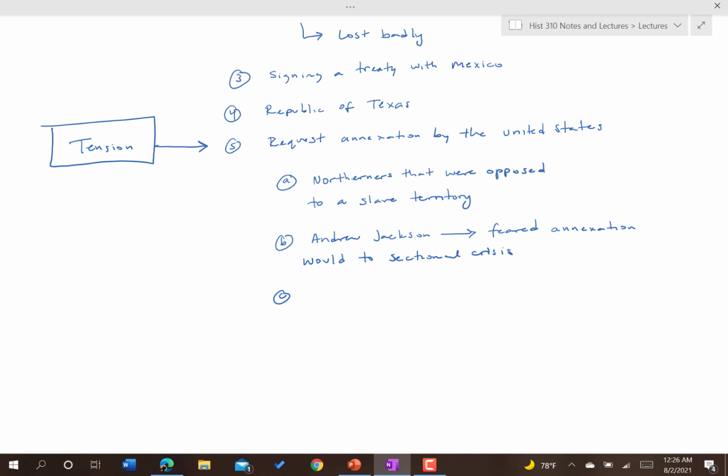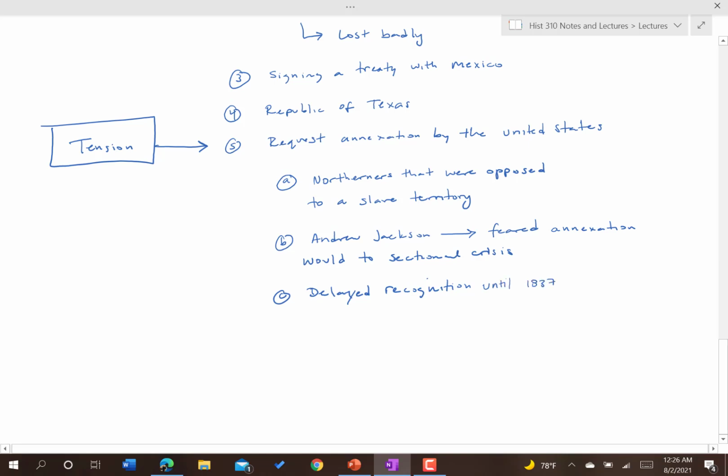And it feels to me like it really is just, oh gosh, let's not have that mark on my presidency. And so what this ended up doing is it created a delayed recognition. All it did is postpone the inevitable sectional crisis, but it just slowed it down until 1837.